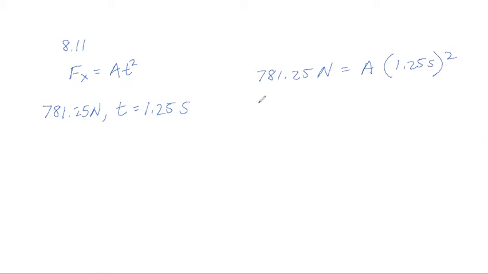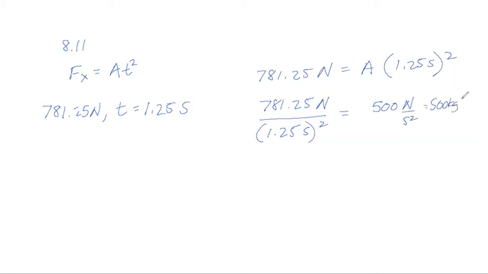So we're going to take 781.25 newtons divided by 1.25 seconds squared, and A is going to give us 500 newtons over second squared, which is 500 kilograms meters per second squared over second squared. So that's 500 kilograms meters over seconds to the fourth, but it's probably just easier to use these units right there. All right, that was part A.